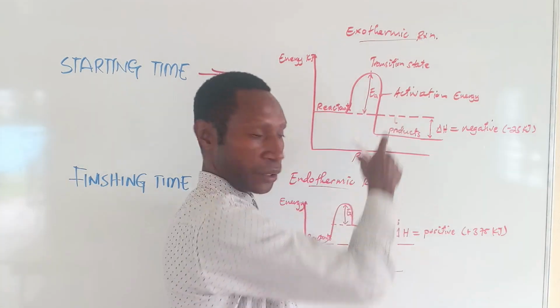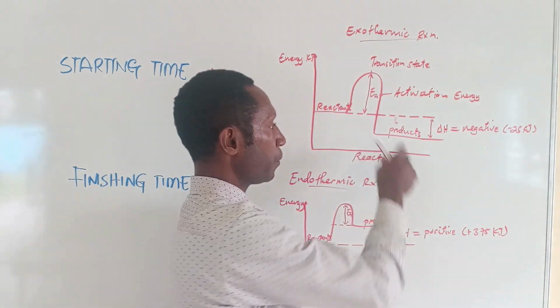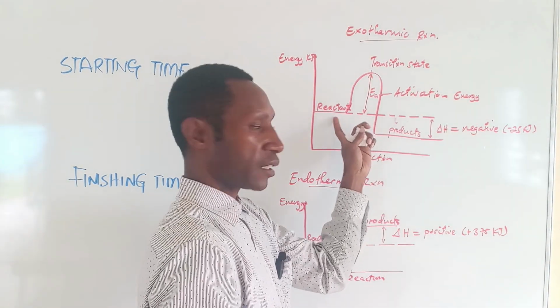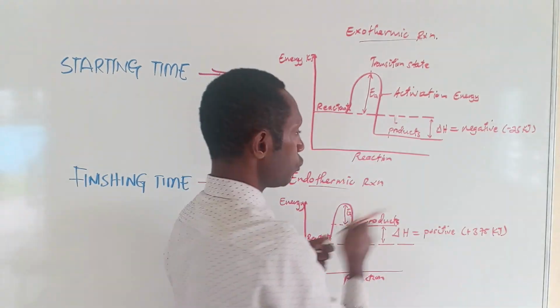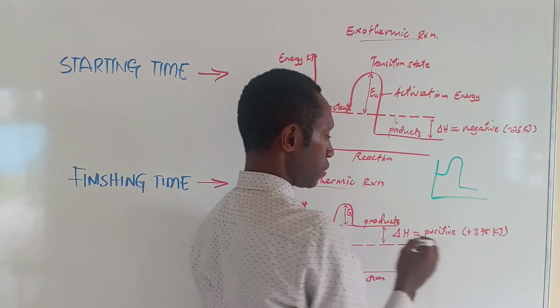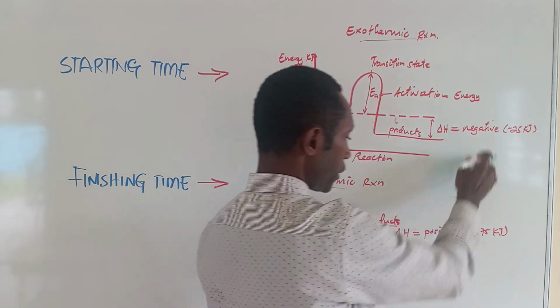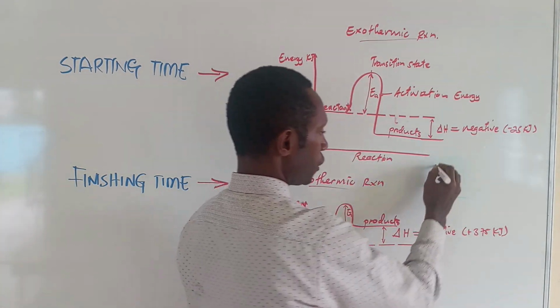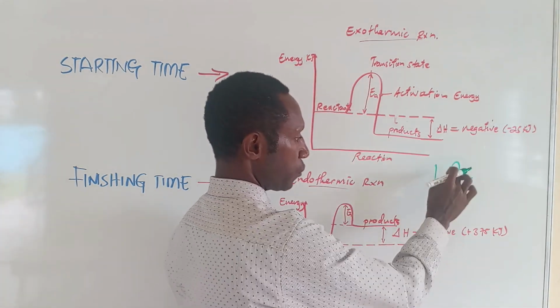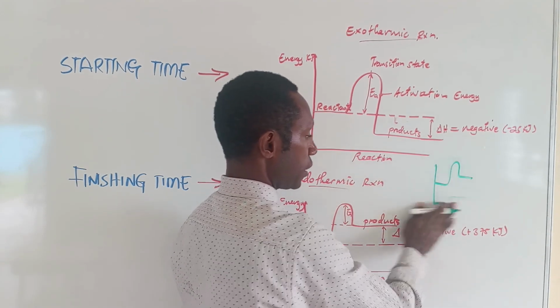To decide which one to draw, if the enthalpy is negative, you know reactants will be at the top, so you draw something like this. That's exothermic. If you are given a positive value, then you draw this one, where reactants are below and products at the top.